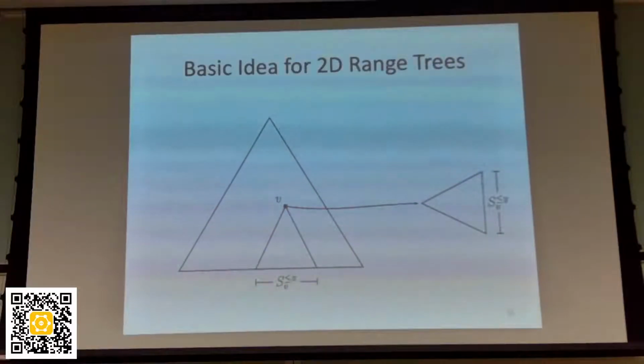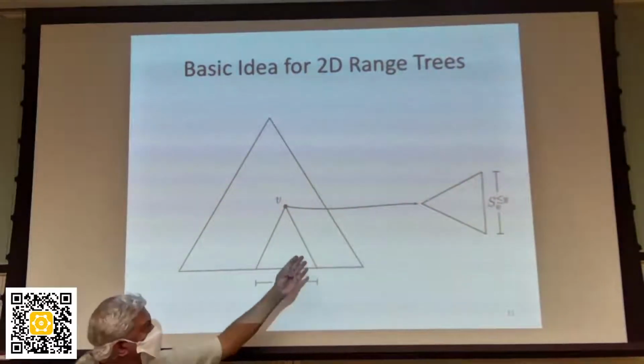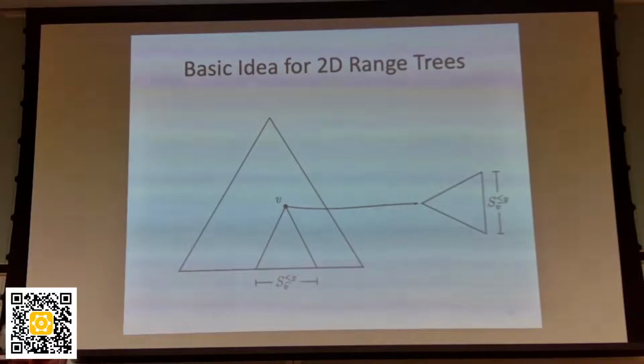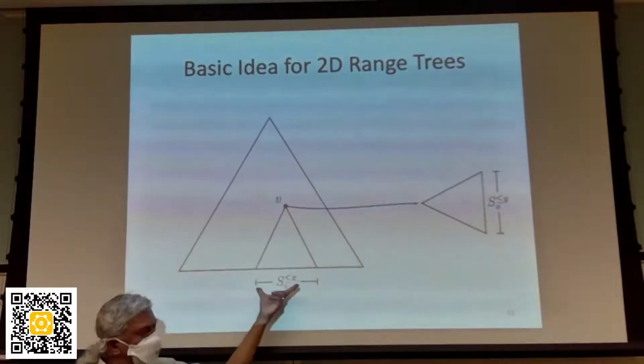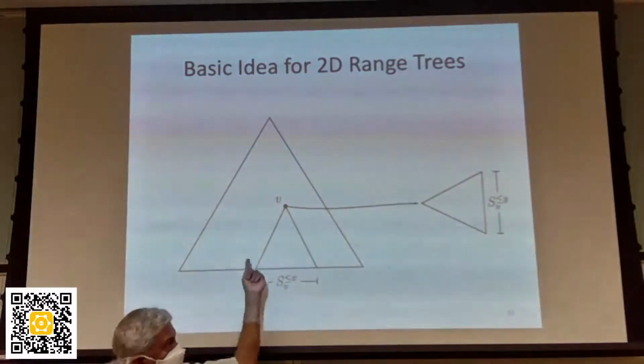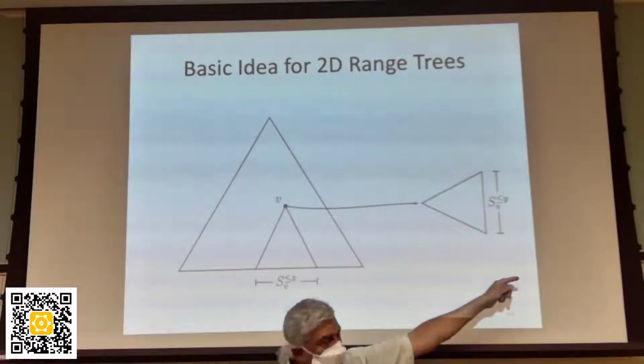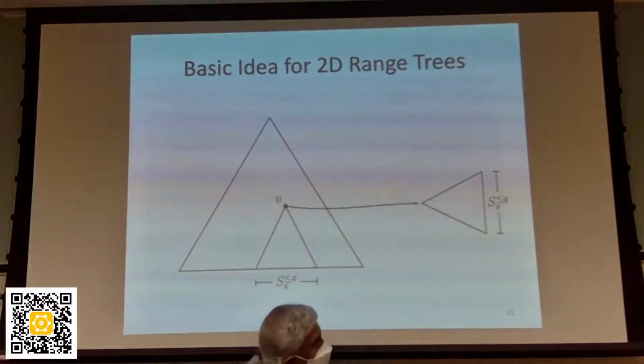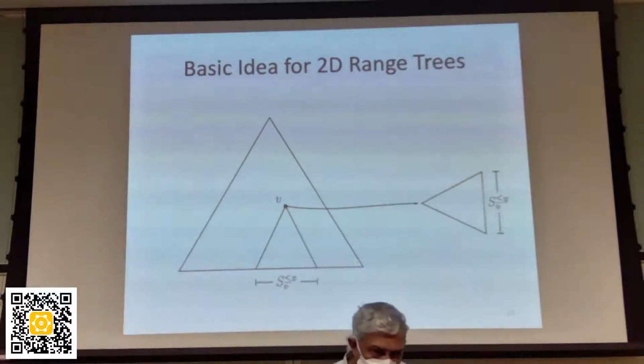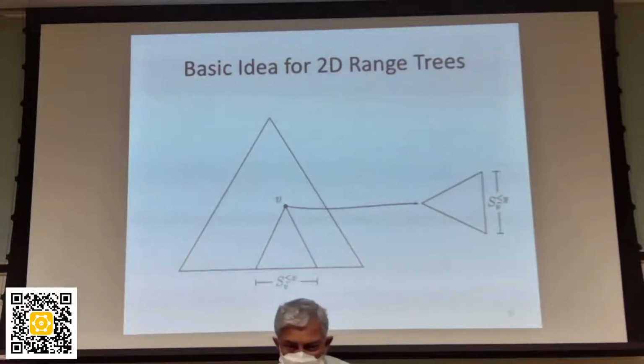Now, how do I do the query that I really want? What's the query I want? I have an x range and a y range, right? So I first find the x range. Imagine that there's only one node that defines it. It's easy that way, easier to think about it that way. So this node here defines an x range. And then I go to its y tree. And whatever y coordinates you tell me, I'll look up the appropriate y coordinates there and work off of those points.